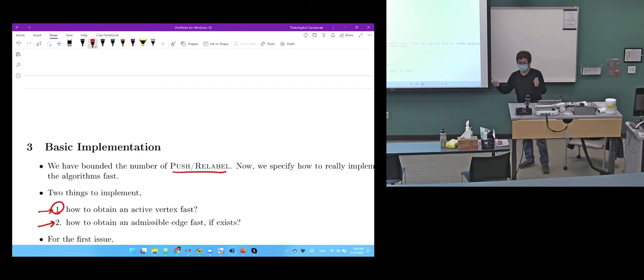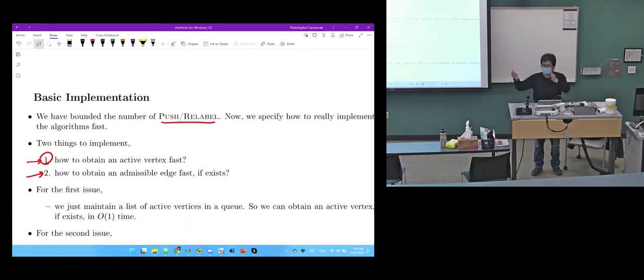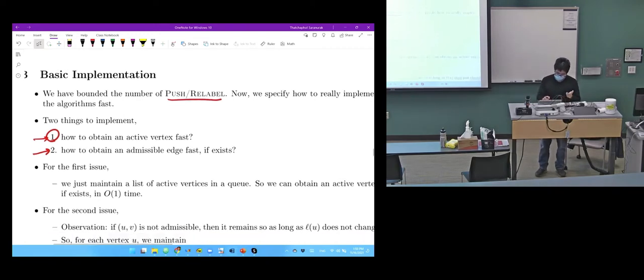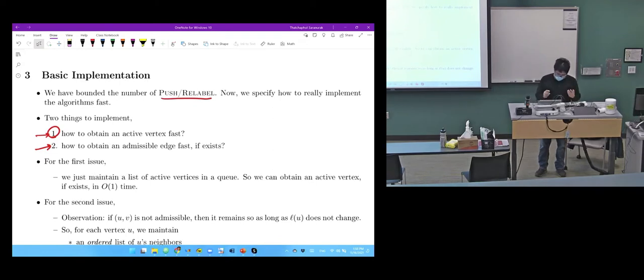Just explicitly maintain the set of active vertices in some list or dictionary. Actually, just put it into a queue. We don't even need a BST. Put it in a queue, and whenever you want an active vertex, get the first one in that queue. That would be fine, so it is very simple to take care of.